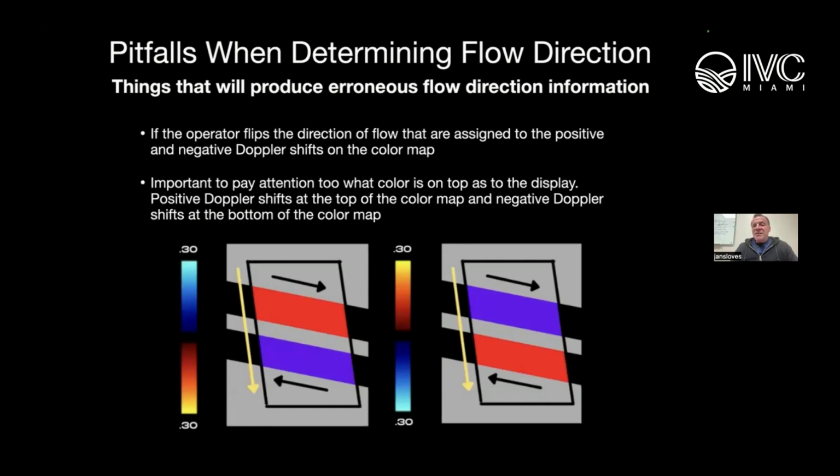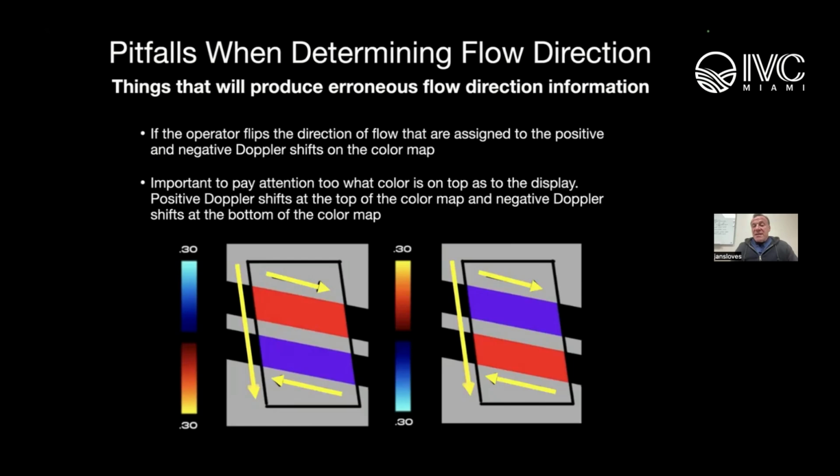So a positive Doppler shift at the top of the color map and negative Doppler shift at the bottom of the color map. So again, here we can see the beam, and then here we can see blue is towards a transducer and red is away. And then here we can see the beam, and basically now we have red towards a transducer and blue away.